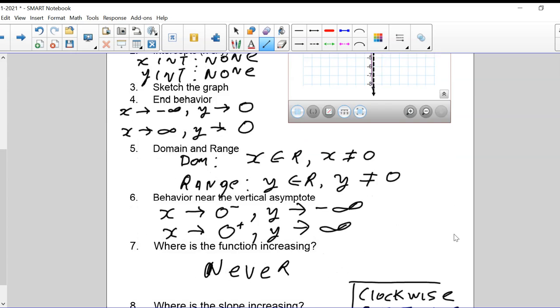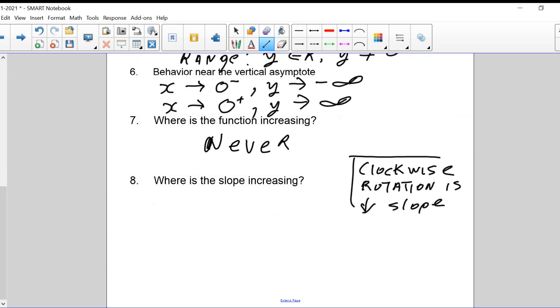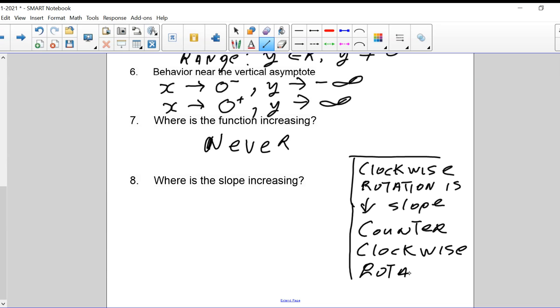And what that means is that now it's the opposite of what we said before. We said a clockwise rotation is a decreasing slope. A counterclockwise rotation is actually an increasing slope.